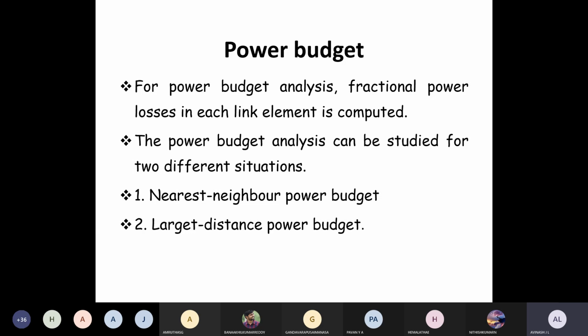So for power budget analysis, the fractional power losses in each link element are computed, and it can be studied in two different ways: nearest neighbor power budget and largest distance power budget. Take these two headings, all of you.